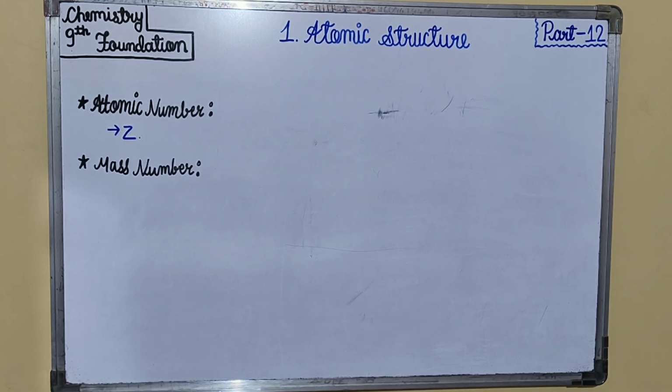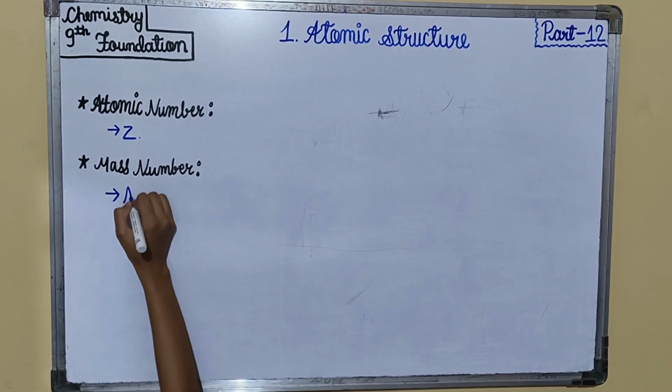As protons and neutrons are present in the center of an atom, they are called nucleons. Nuclei is center and ons are the particles. Thus, mass number is also defined as the total number of nucleons present in an atom. Mass number is represented by A.